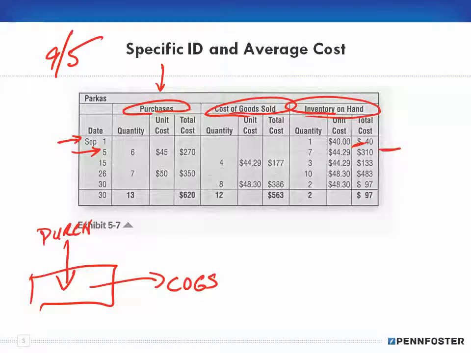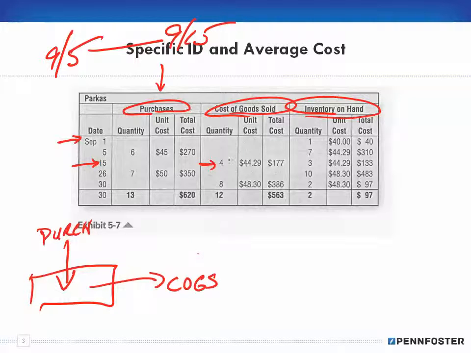Now, as we go forward, we don't know if we're going to buy more, and we don't know if we're going to sell, all right? So we move along in time, right? So we go in time, and now it's 9/15, right? And on 9/15, we can see that, oh, well, we're actually selling because we're using cost of goods sold.